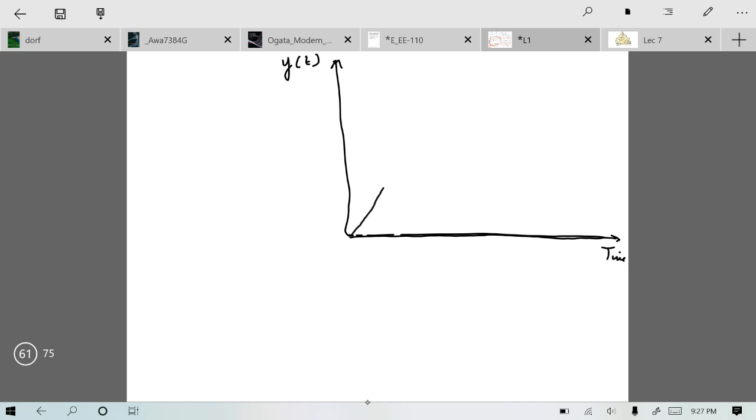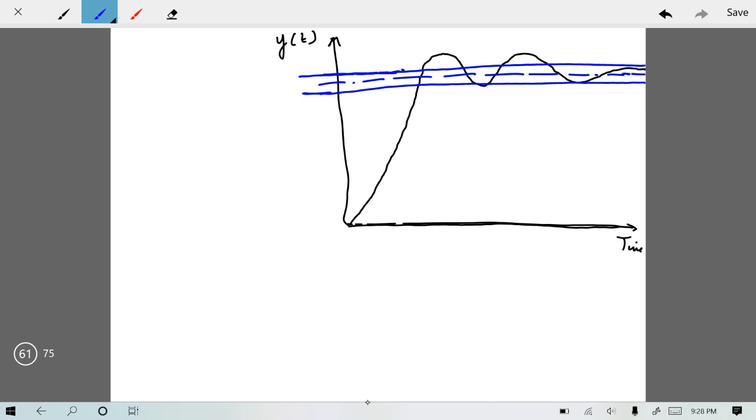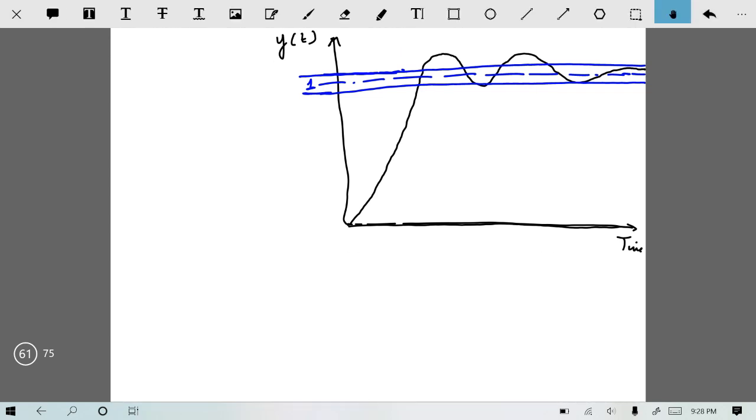So the output of a system is this, and this we can say is a reference signal, which for a unit step I can write as 1.